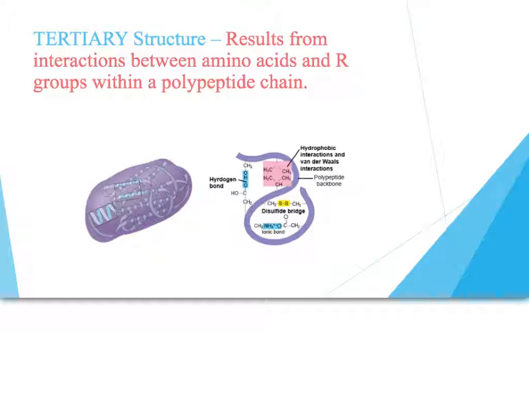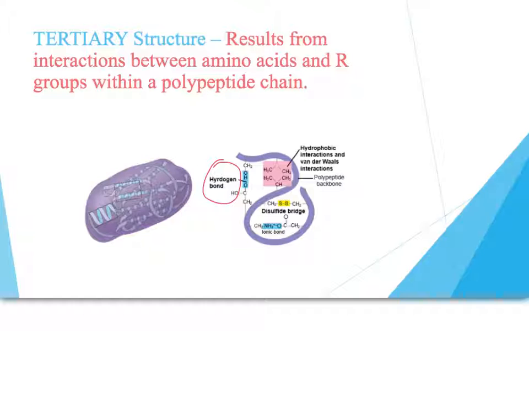What we did do was a tertiary structure, and these result from interactions between amino acids and there are groups within that side chain. And so you can see some examples right here of two different interactions. We actually have a hydrogen bond here within the same polypeptide.